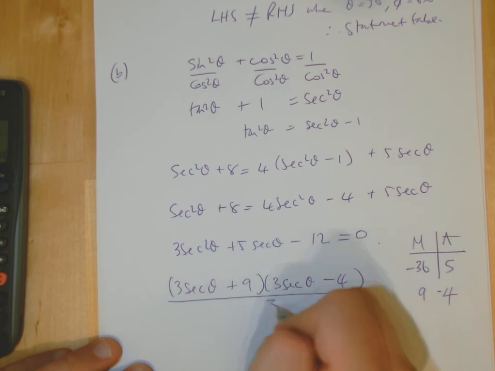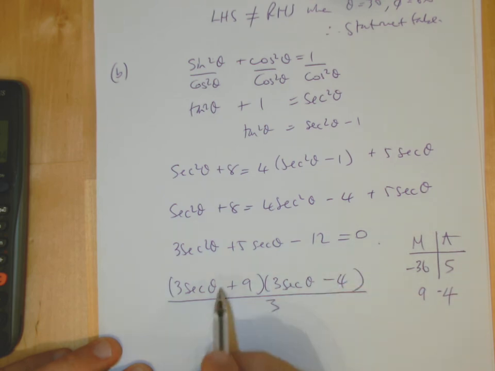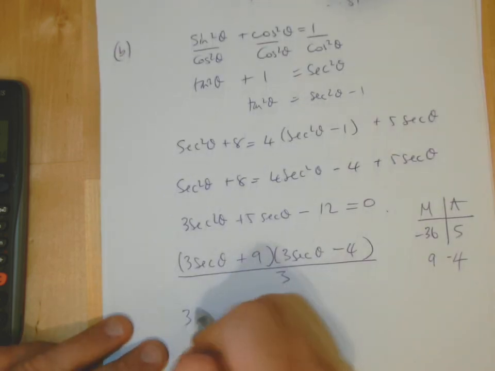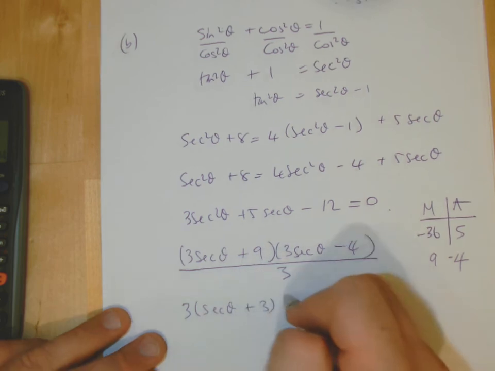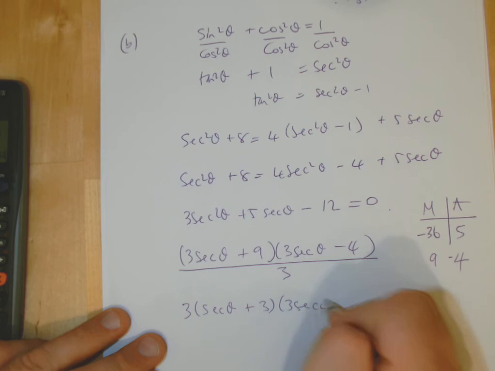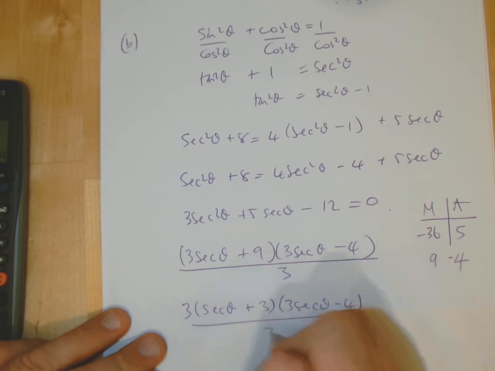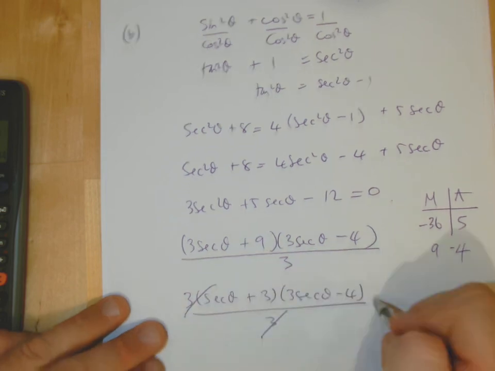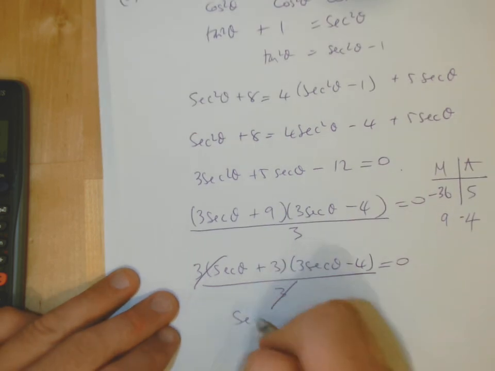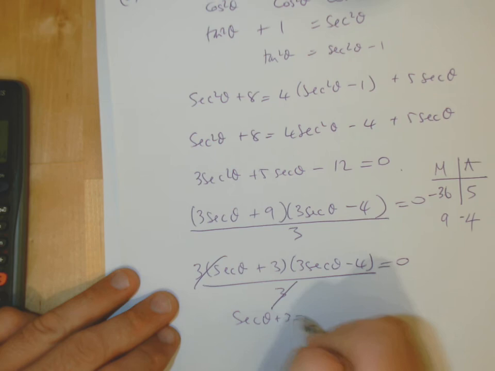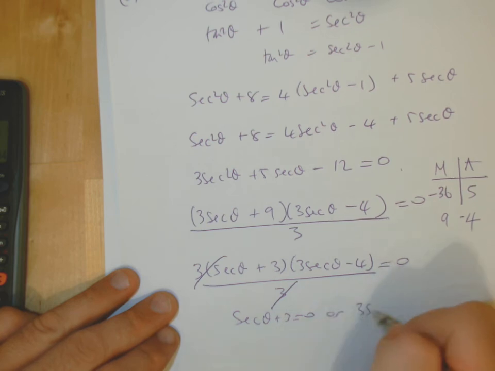Alright, so we've got a quadratic, we need to solve this. Put 3 sec theta in both brackets. Multiply and add: 3 times 12 is 36, and we need two numbers that multiply to give minus 36 and add up to give 5. That's 9 and minus 4. Then divide them by 3 to pay back. The first bracket has a factor of 3, so you can take that out. The 3's cancel, so then sec theta plus 3 equals 0, or 3 sec theta minus 4 equals 0.